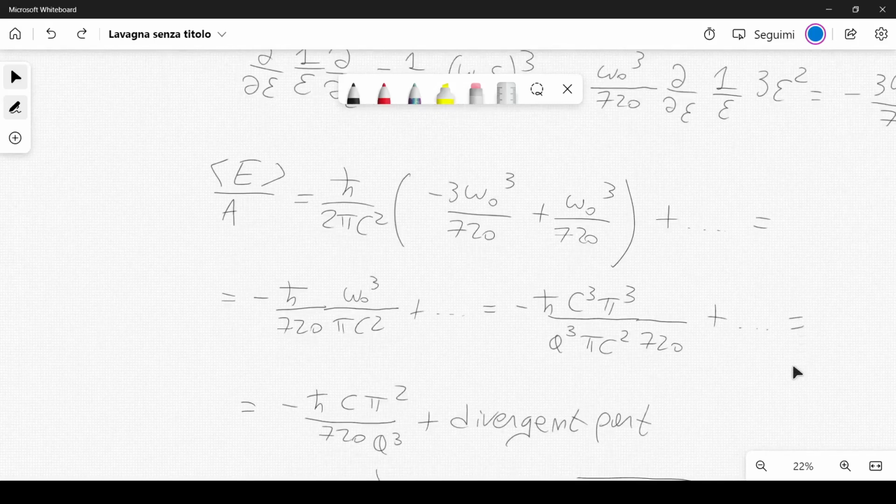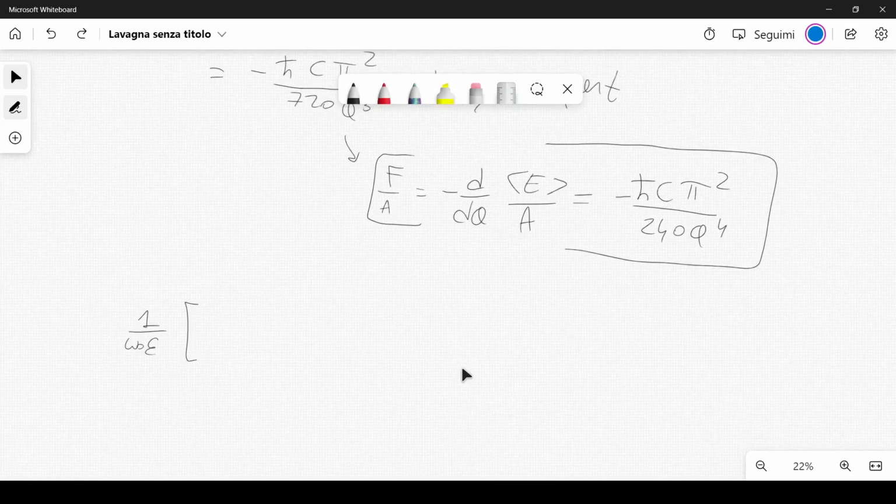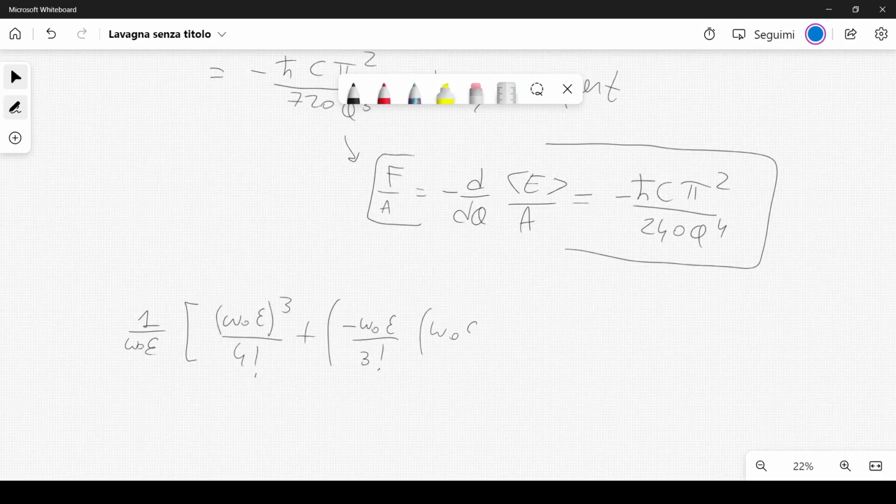So we have omega 0 epsilon cubed divided by 4 factorial, plus then you get another contribution from x squared, which is minus omega 0 epsilon divided by 3 factorial, and then you get omega 0 epsilon squared, and this is the only term from x squared.